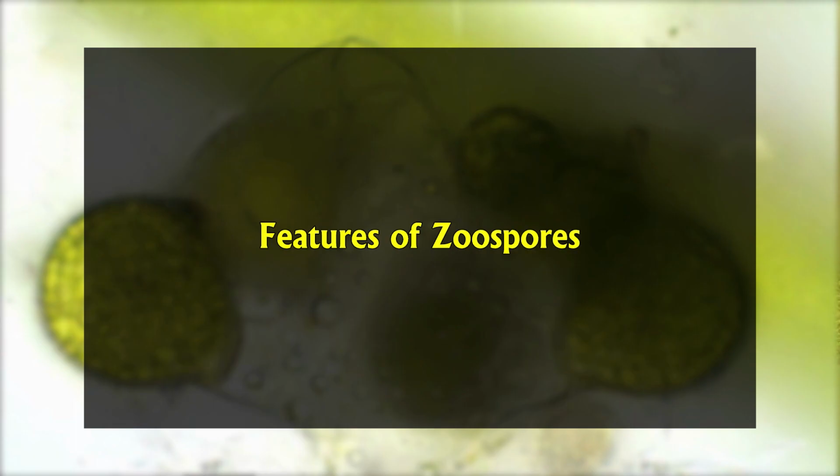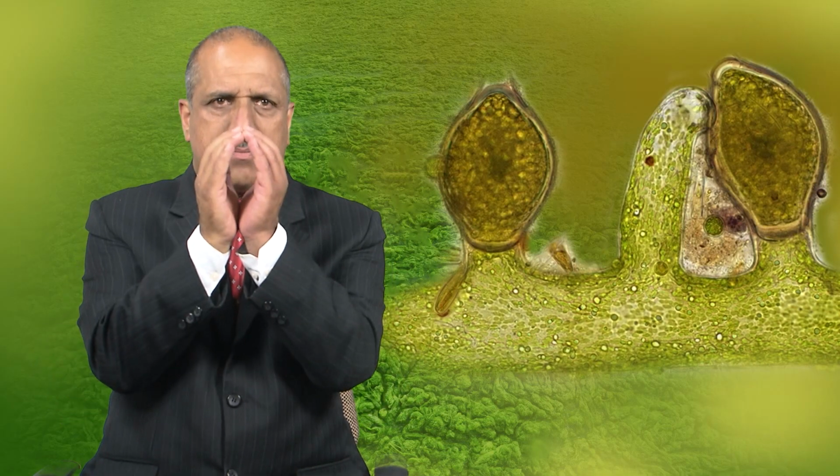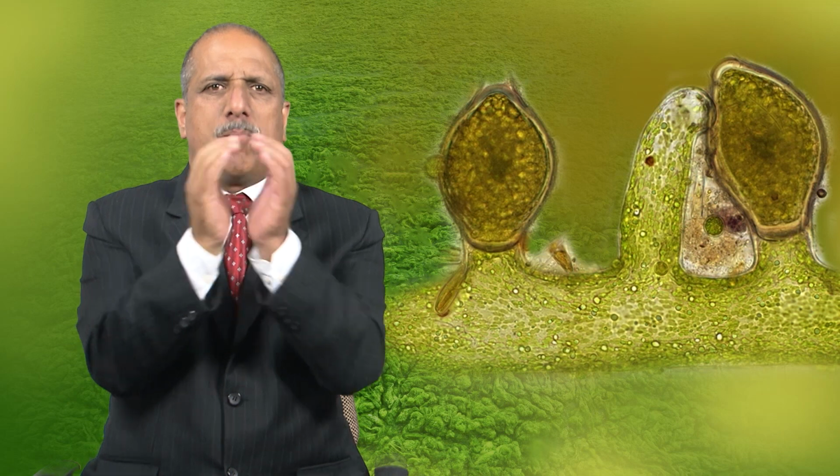Now let us see the features of zoospores. Zoospores produced by Vaucheria are large, ovoid or spherical, multiflagellated and multinucleated reproductive bodies, lacking eye spot and pyrenoids.